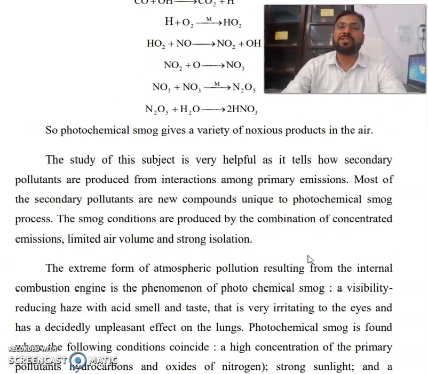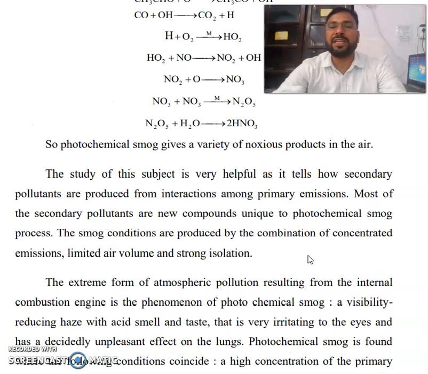The study of this subject is very helpful as it tells how secondary pollutants are produced from interactions among primary emissions. Most of the secondary pollutants are new compounds unique to the photochemical smoke process. The smoke conditions are produced by the combination of concentrated emission, limited air volume, and strong insolation.